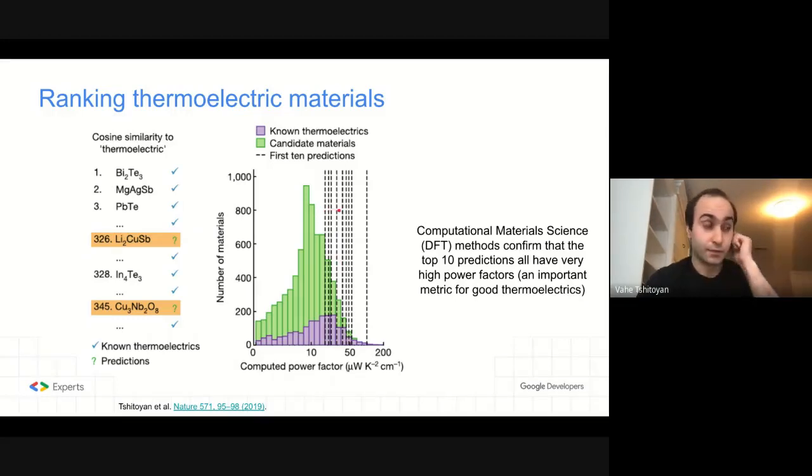So as a first validation step, this is good news, because these are not just random embeddings that maybe due to some noise appeared at higher ranking. They're actually materials that computationally seem to be pretty good, but these computations are expensive, so that's why you want to limit your search space. So that's one way to validate it.